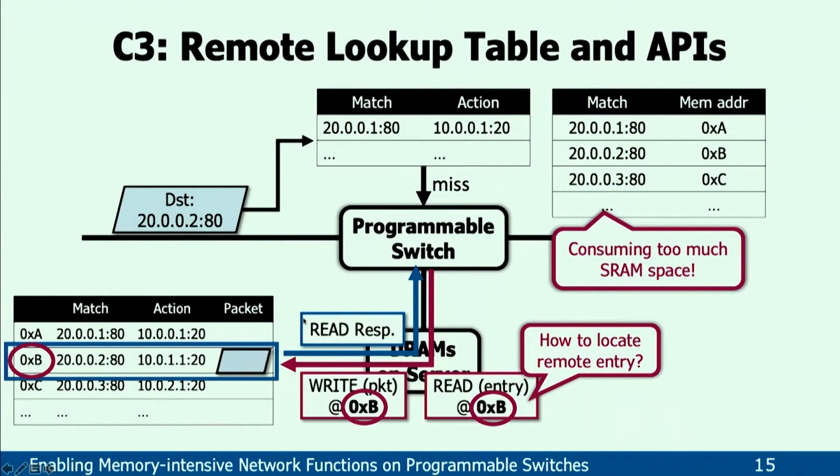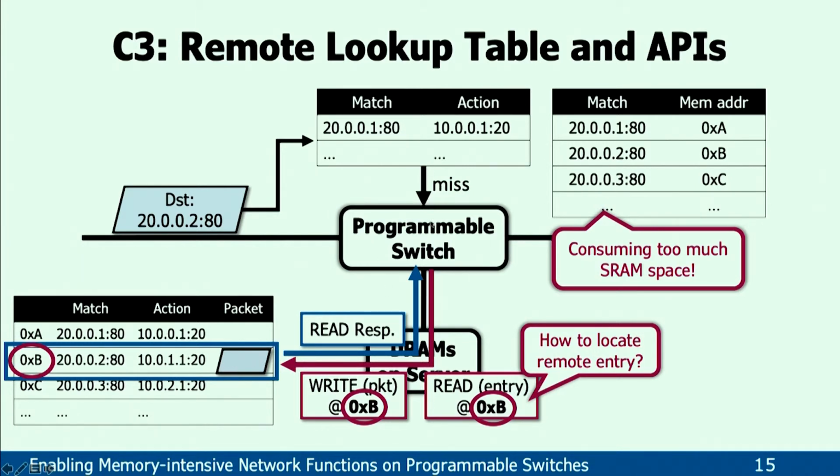So what happens here is once you clone the packet, let me show you. It clones the original packet into two replicated packets and adds an RDMA header to create an RDMA write and RDMA read request. And this read response packet contains both the original packet and the remote table entry.